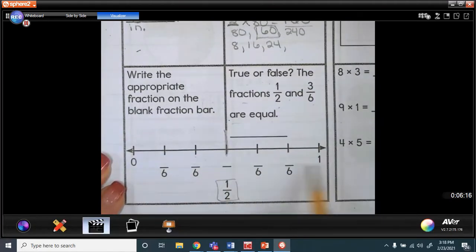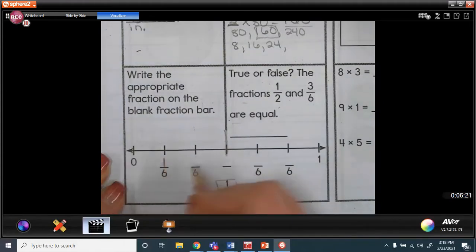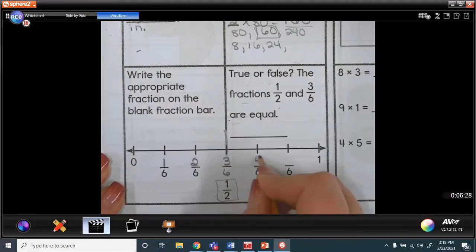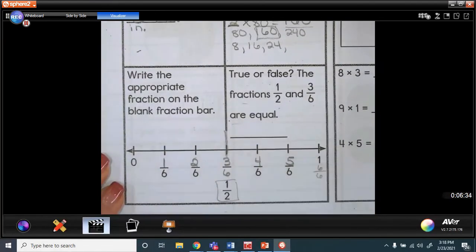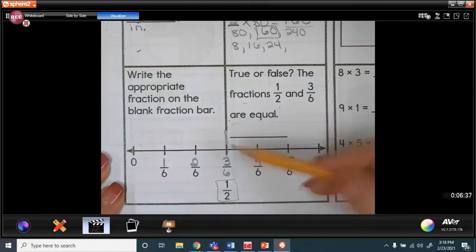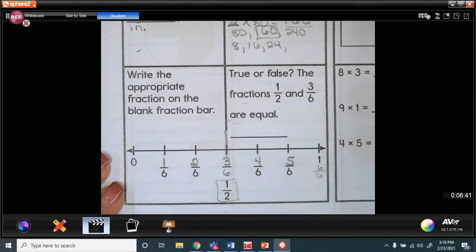Well, if I were to take a whole and break it up into 6 equal pieces, I notice here I have 1/6, 2/6, 3/6, 4/6, 5/6, and of course this would be 6/6. But if I look at where the 3/6 and the half are, what do you notice about where they are on the number line? They're in the exact same place, aren't they?